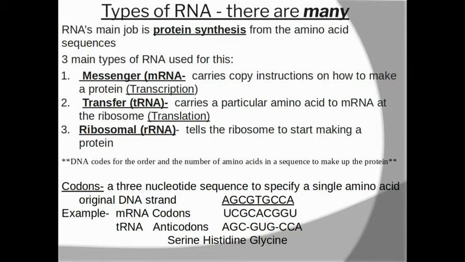That messenger RNA is carried to the ribosome, and there the ribosome or rRNA will bind to number two here, the transfer RNA or tRNA. tRNA will carry the particular amino acid right over to the ribosome to match up with the messenger RNA to create a growing strand of amino acids.